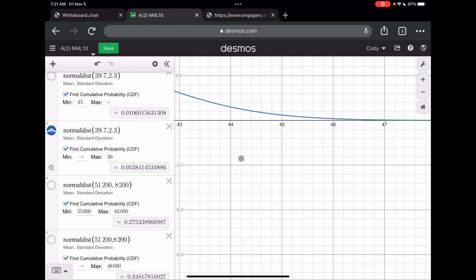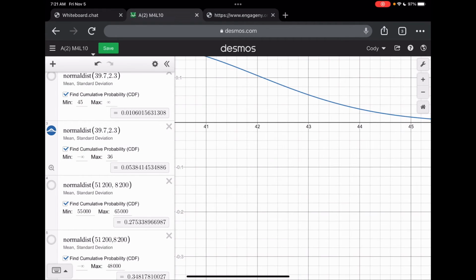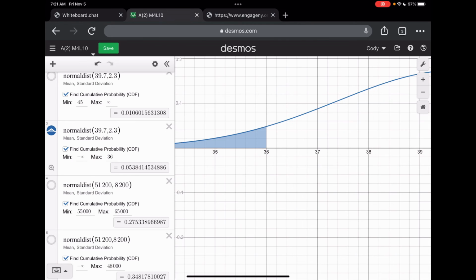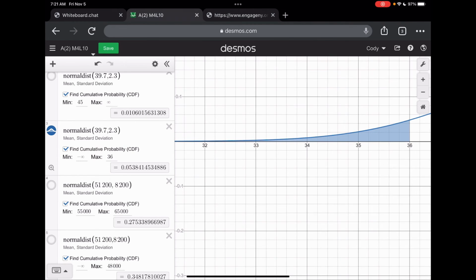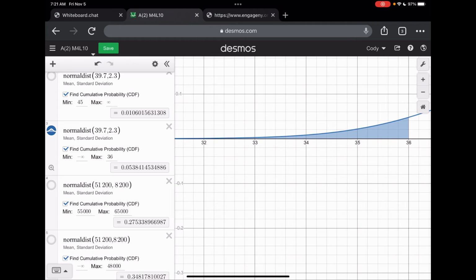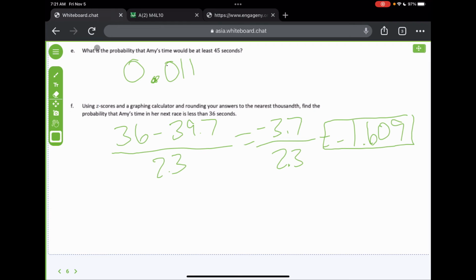So if we graph this, we're going to have to slide to this side of the mean because we're below it. And the chance of being below 36 seconds is only going to be 0.05. So not a good likelihood that she's going to be able to race under a 36-second time.